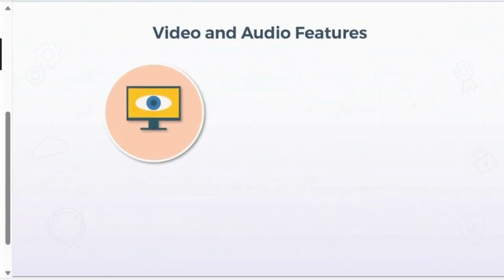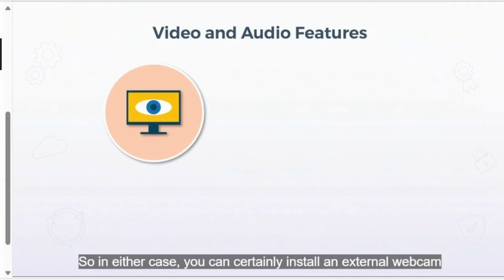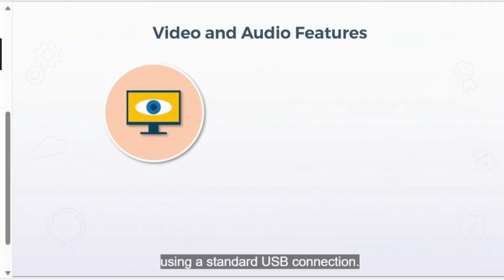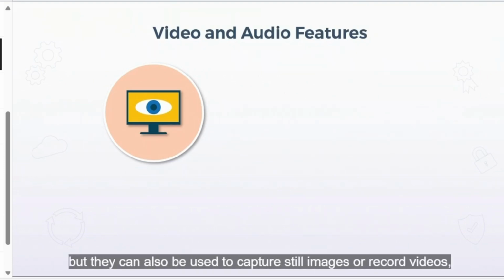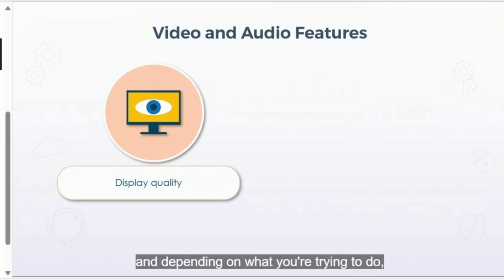In terms of video and audio features, the docking station itself doesn't provide any inherent video or audio. It essentially just acts as a relay, if you will, for the data signals. So any external monitor that you might connect will not display quality any better than what the laptop's video output can produce. But you do get the expanded viewing space.